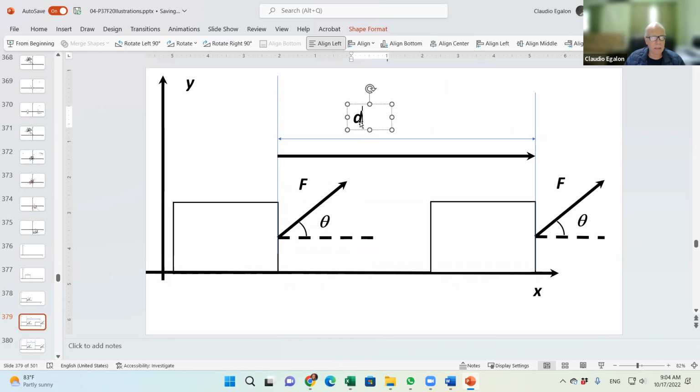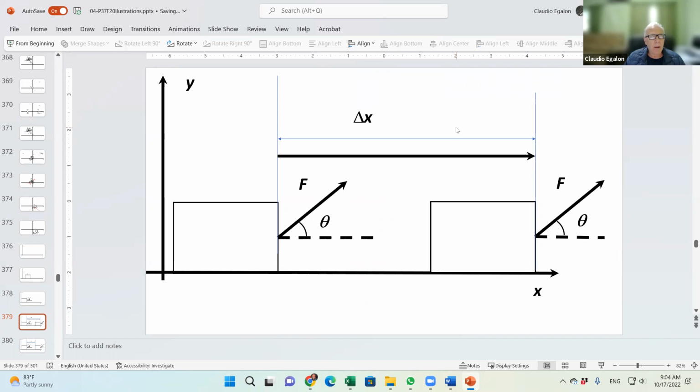So instead of d, I'm going to write that down as delta x. So we have this vector force and we have this vector displacement delta x.